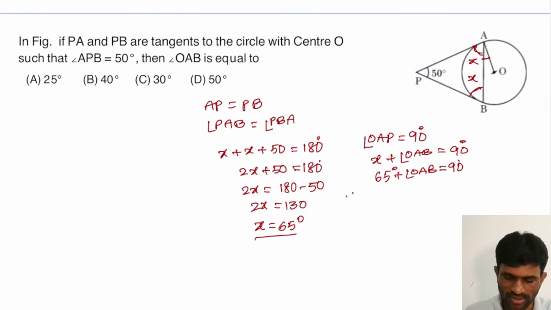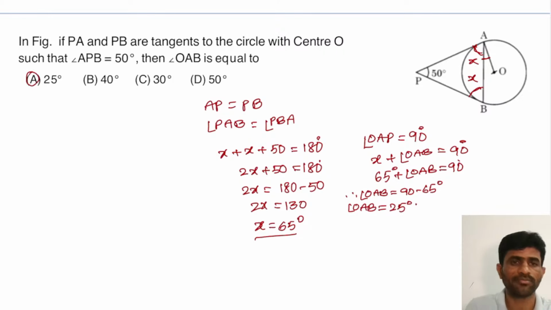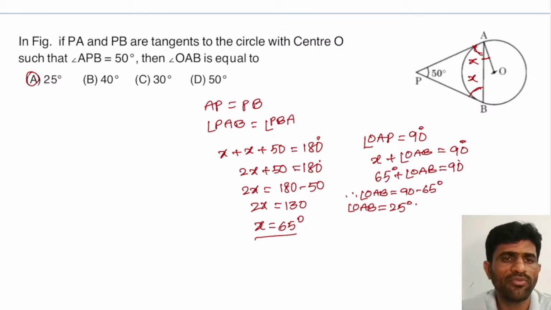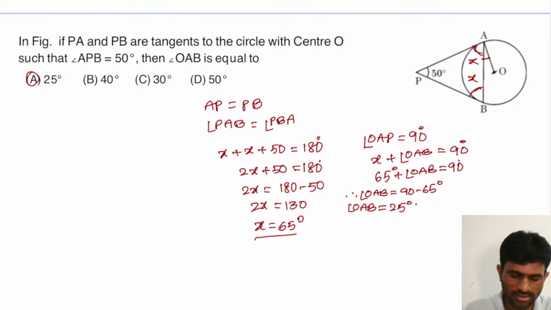Therefore, what is angle OAB? OAB is 90 minus 65. So angle OAB is equal to 25. 25 degrees is the correct option. And I will tell you one very important point here. Now onwards we can remember this as a formula.